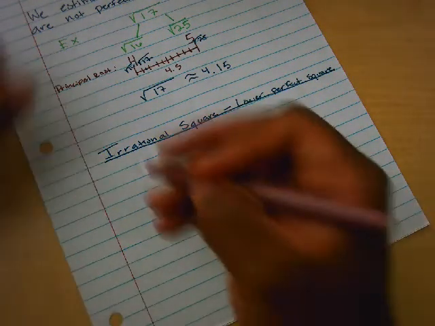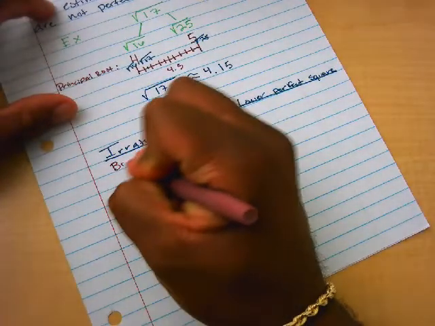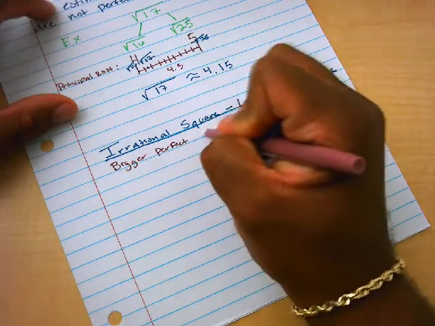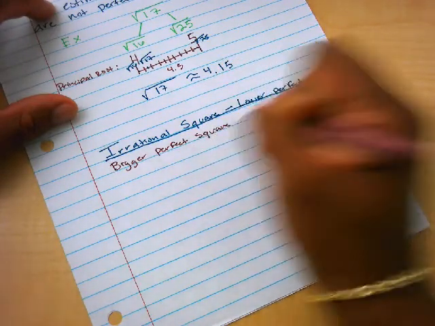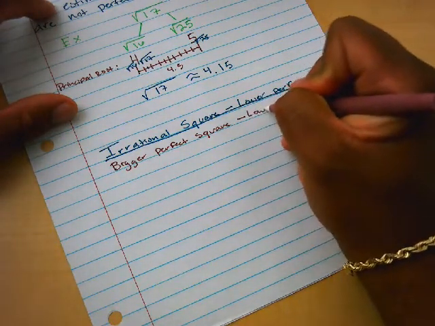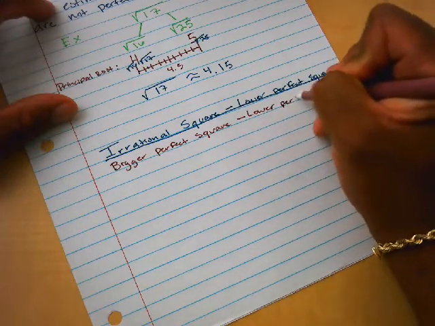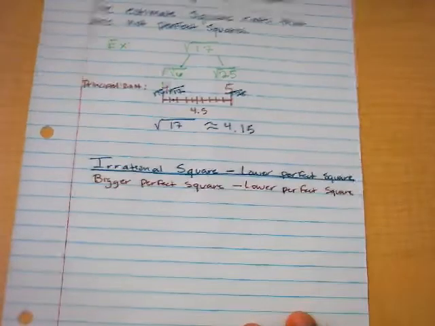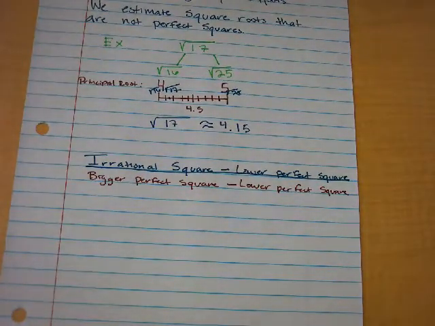Put that over the bigger perfect square. And then you subtract the lower perfect square. Okay, so we have the irrational square minus the lower perfect square over the bigger perfect square minus the lower perfect square. So what does this look like?